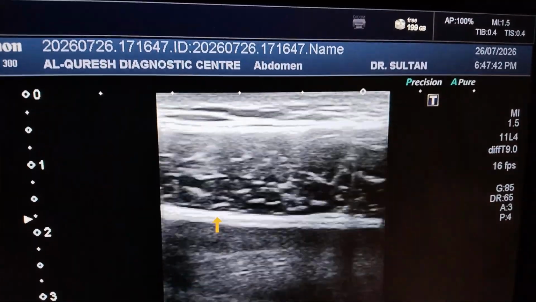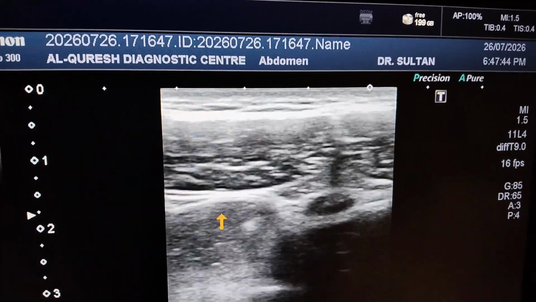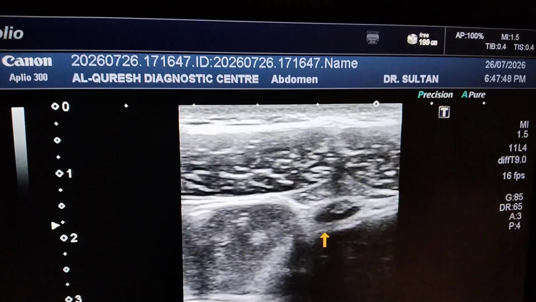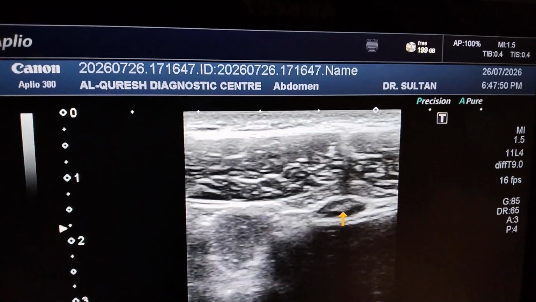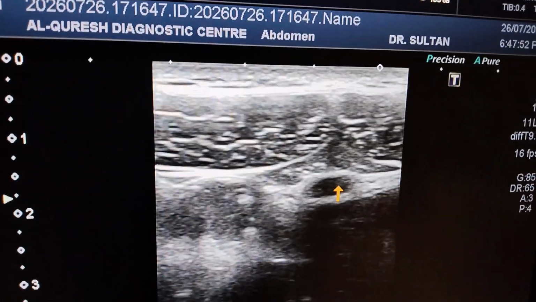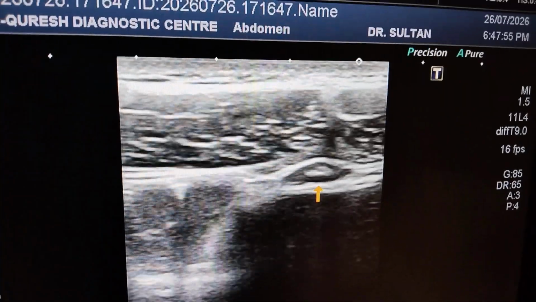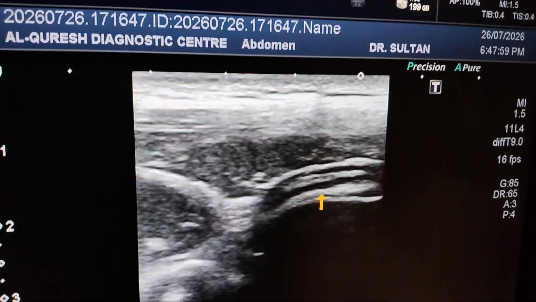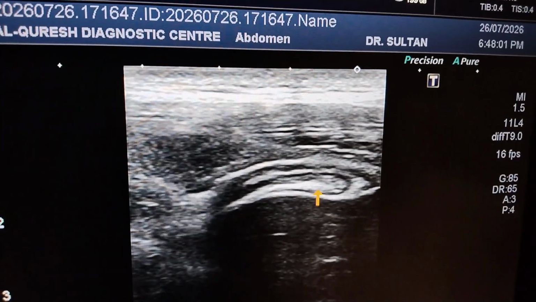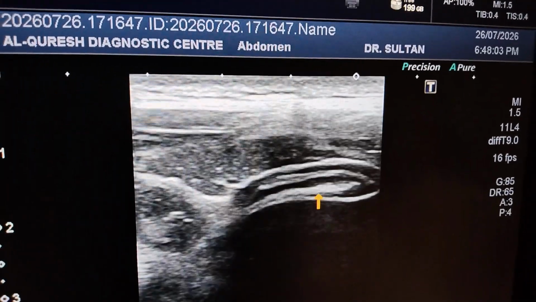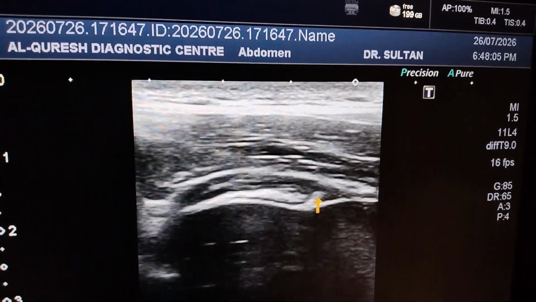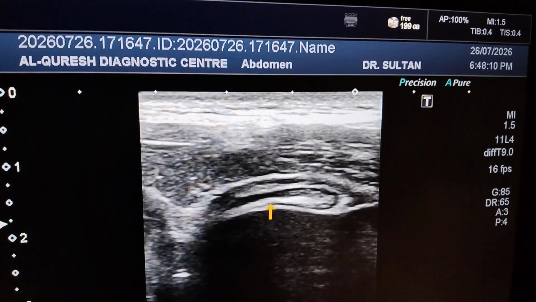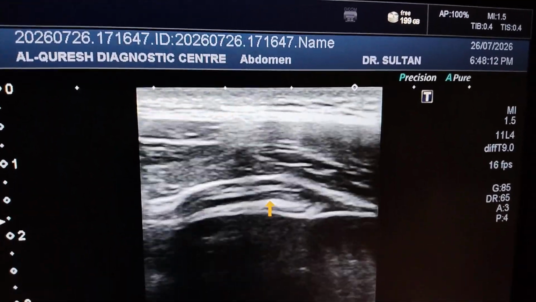So this fellow was quite fit up to the age of 22 years, and this congenital anomaly then gave symptoms at the age of 22 years. So a congenital anomaly doesn't mean that it will give symptoms soon after birth. It can give symptoms at any time during the later age.